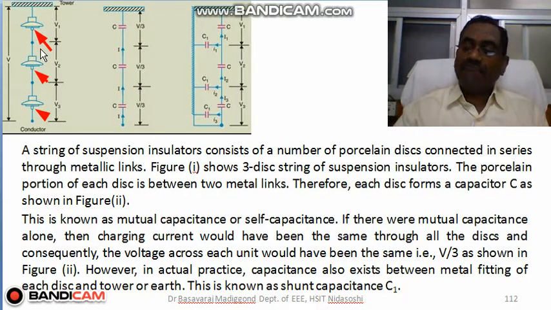Figure 1 shows a 3 disc string of suspension insulators. The porcelain portion of each disc is between two metallic links, correct? This is the porcelain.